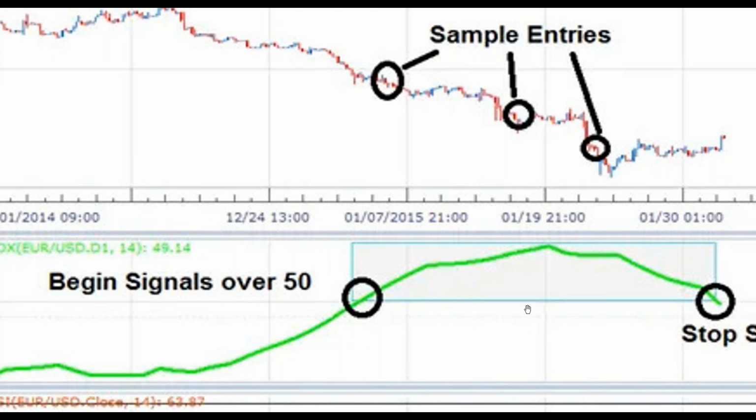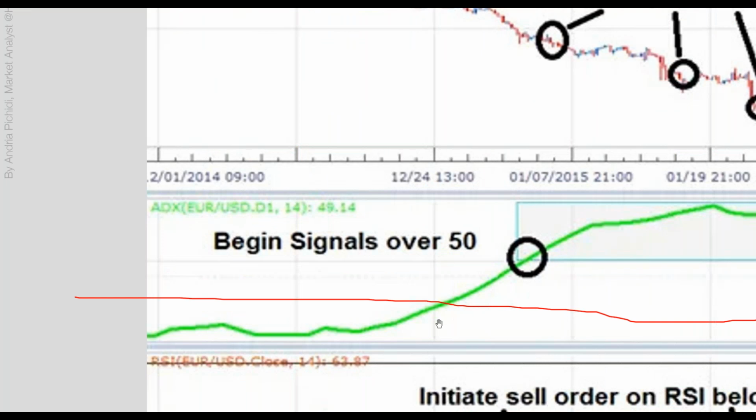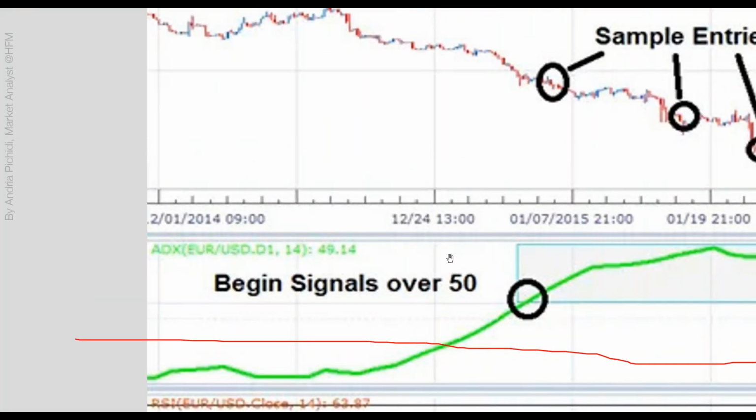Let me find 25 for you. 25 should be somewhere here. I cannot draw a straight line, guys, I'm sorry. So it crossed 25 somewhere here, where our price action had small body candles, but was still posting lower lows.